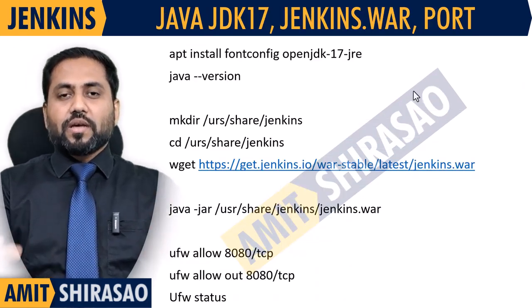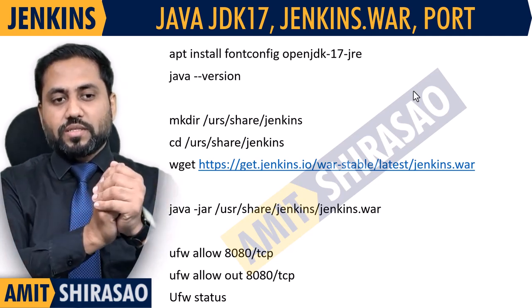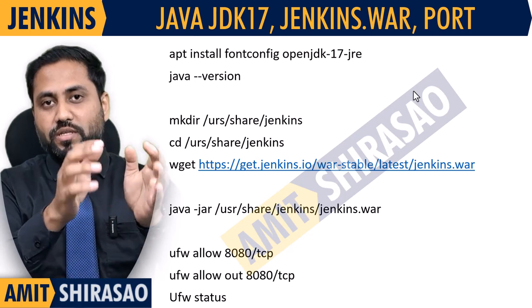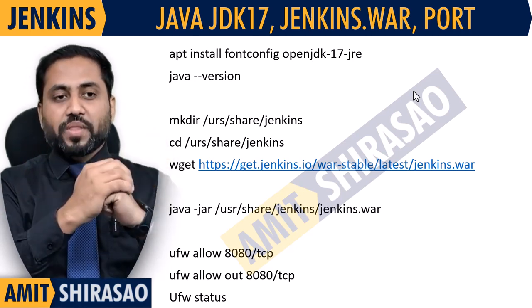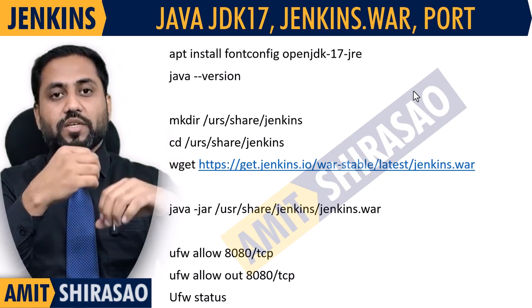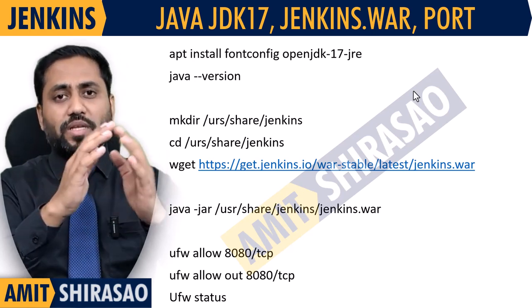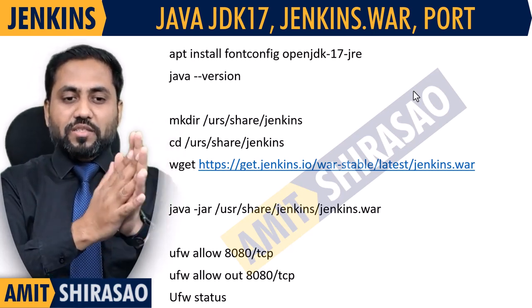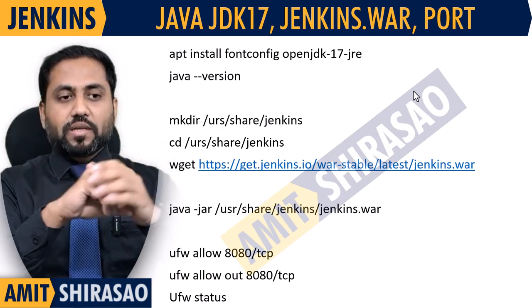What it does is it basically checks if there is any commit done on a certain branch of your Git repo, then it automatically triggers a pipeline. And in that pipeline, there can be a build stage, there can be a deploy stage. So automatically build will happen, deployment will happen, everything will happen. Well, when I said Jenkins does it, Jenkins only takes care of the pipeline.